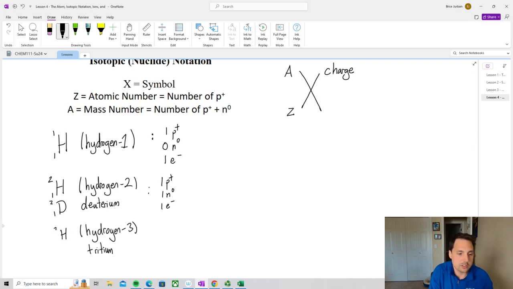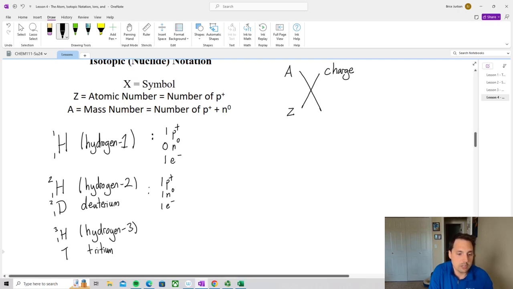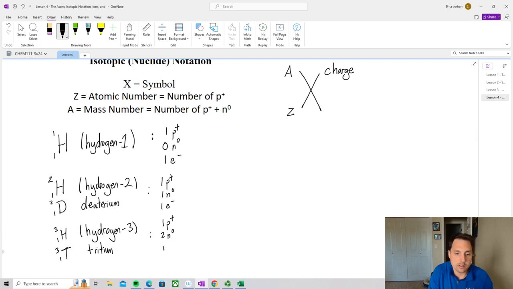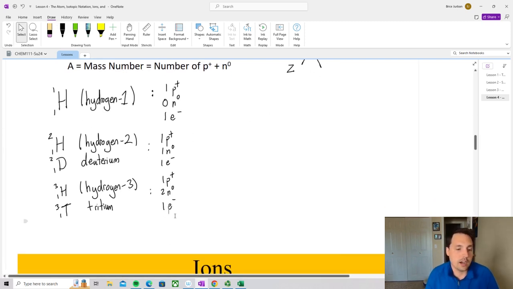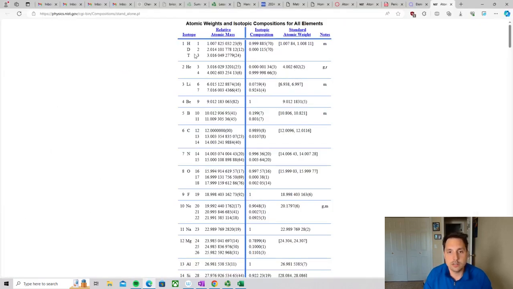So we can write H-3,1 or T-3,1. And tritium has 1 proton, 2 neutrons, and 1 electron. If we start to add another neutron onto hydrogen, it decays very quickly. Now, some people have discovered hydrogen-4, but it's not going to be listed in this table.